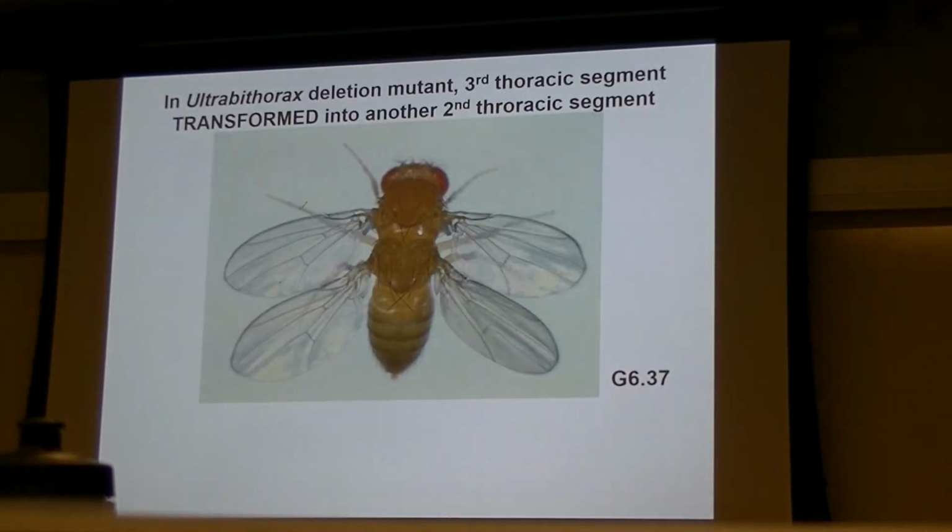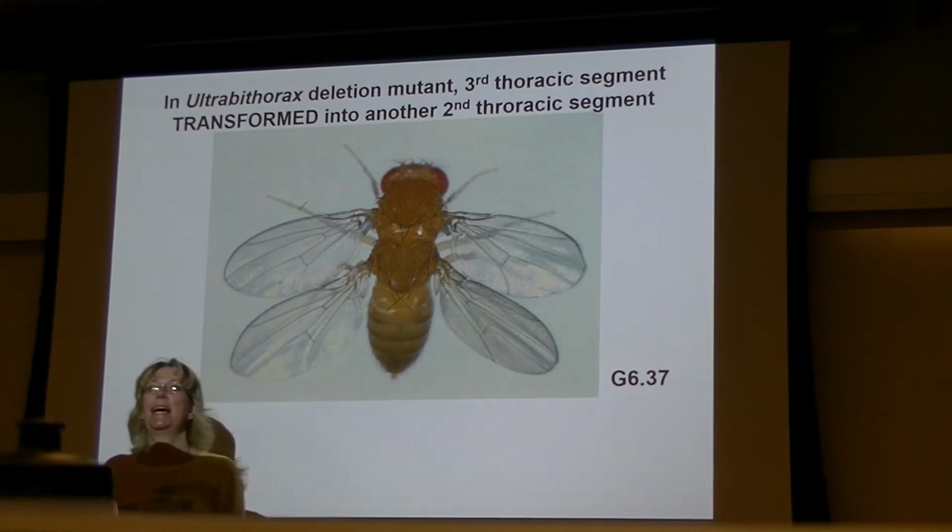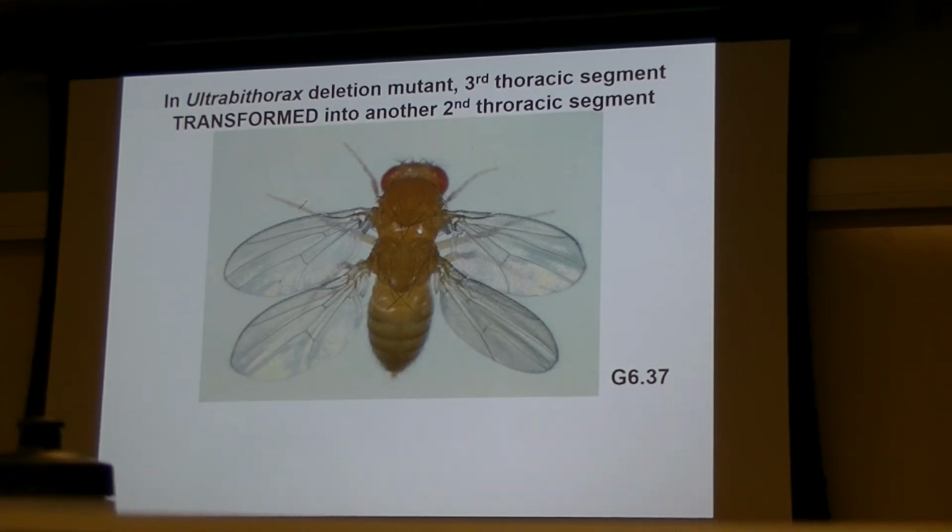So in the Ultrabithorax mutant, which was one of these 8 genes, what happened here is now this third thoracic segment changed its identity, and it now became a duplication of the second thoracic segment. So we have no halteres here because we changed that into something different, but instead we have now a whole second group of wings and a whole second thorax, because that T3 segment got converted into a T2 segment, and then the T2 segment did what all good T2 segments always do, which is make a thorax and a pair of wings.